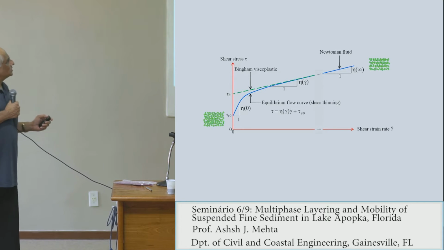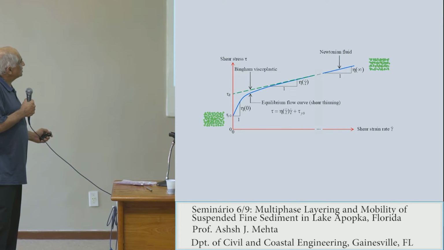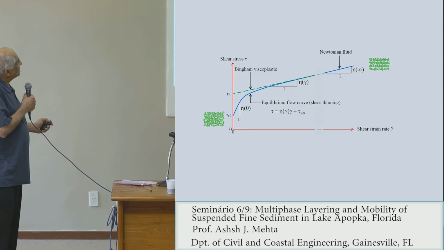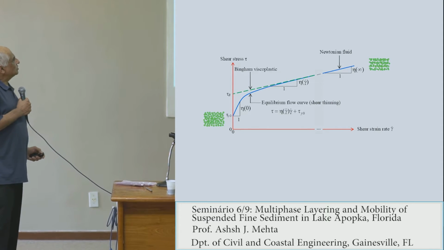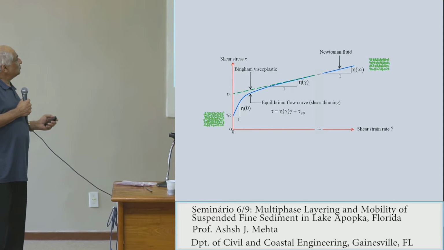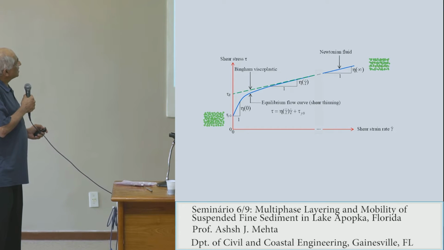The important point here is that as you increase the stress and the shear rate, the structure of the material experiencing this stress changes. It's a very strong structure here, and it starts breaking down, and then here it becomes a pure fluid. There are many models that describe this, and in the simplest model, we would use this straight line.